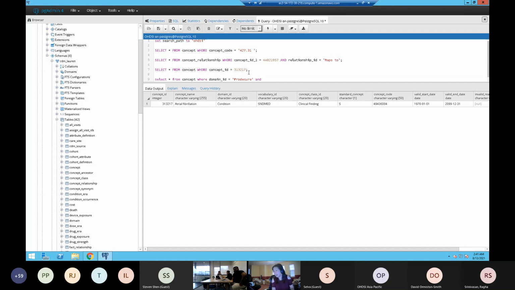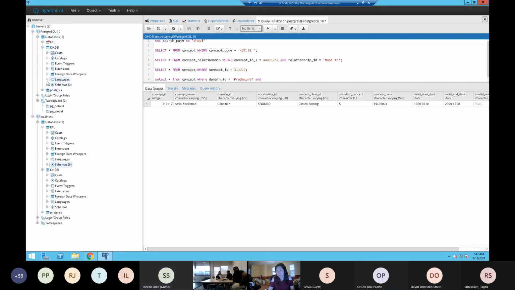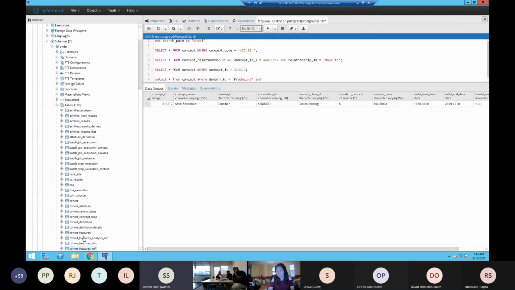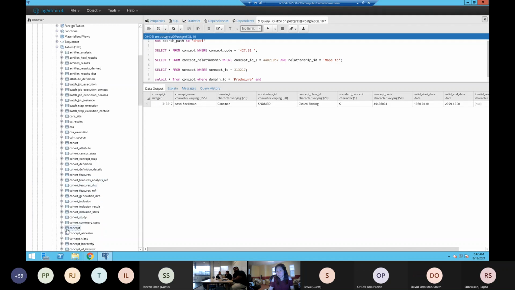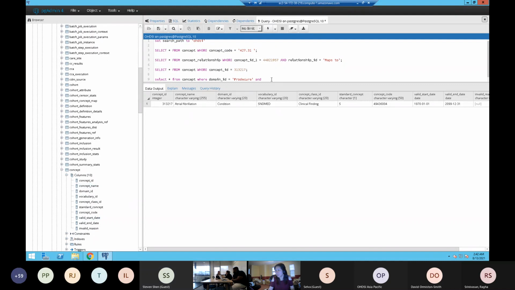And what is that field name called? I can't remember all my field names. Go back here, tables, concept. Where's my concept table? And I want my columns. The column I'm looking for is standard concept.